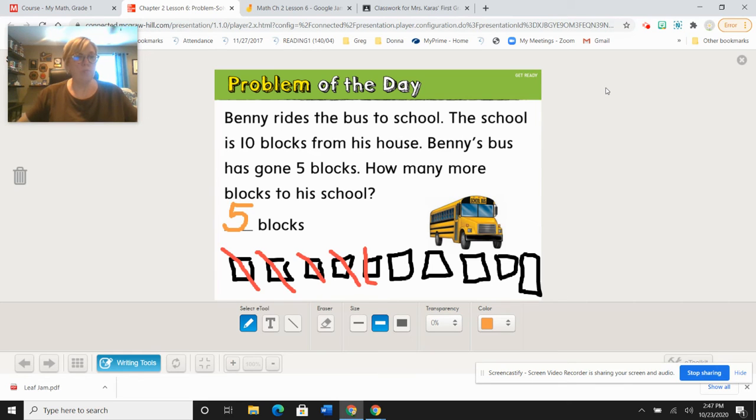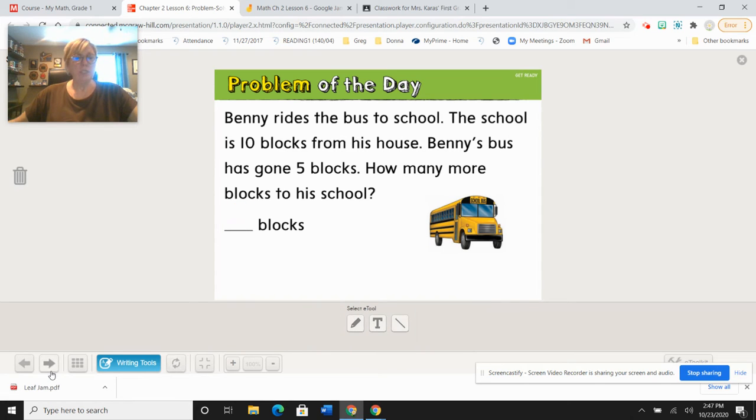We work with numbers we're familiar with, and that way, when we start getting into different numbers or numbers we're not used to working with, we already know our strategy. All we have to do is use the strategy with the new numbers, and we'll be great. So this is a new strategy that we're practicing. Let's go to the next, and there's the answer there.